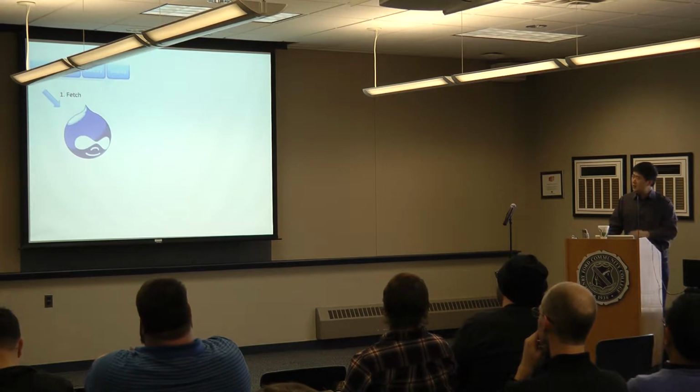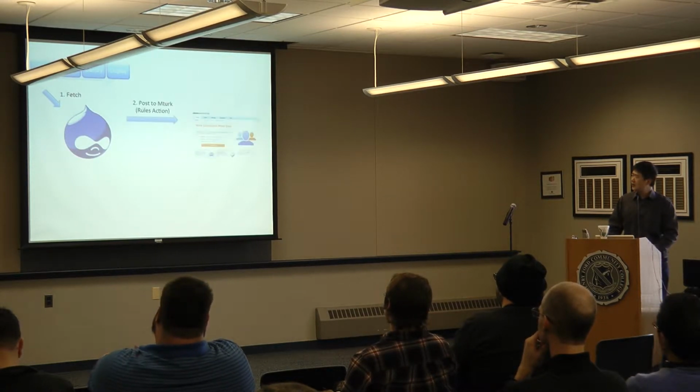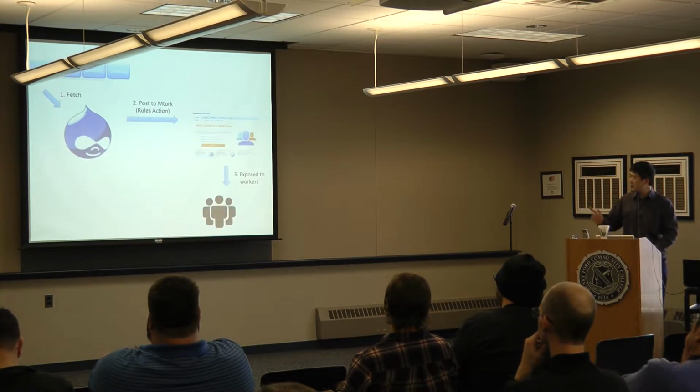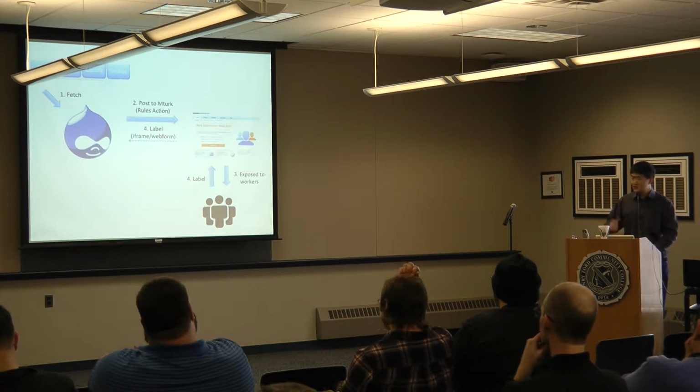Once we get those articles, crawled from the web, we have a rules action that automatically posts the link of the article to Amazon Mechanical Turk. And then Amazon Mechanical Turk exposes those articles to the qualified workers. And then the workers, if they want to do the labeling for us, just start doing those tasks.